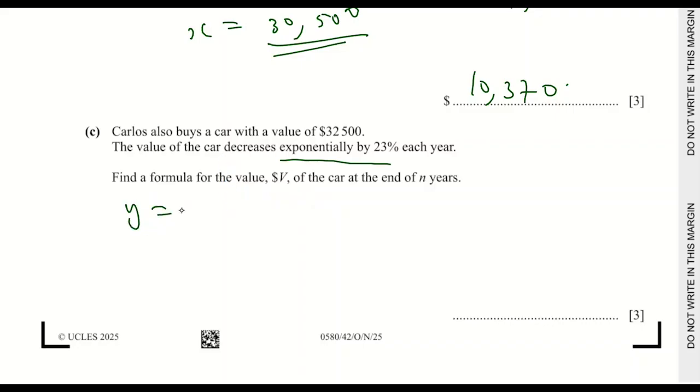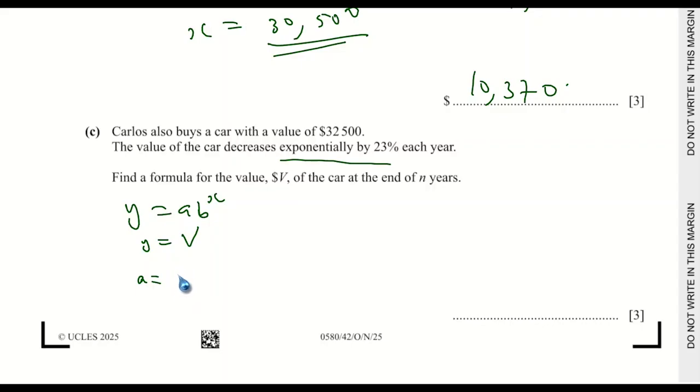So y equals a b to the power of x. y equals the new value, which in this case is V. A is the actual or initial value.